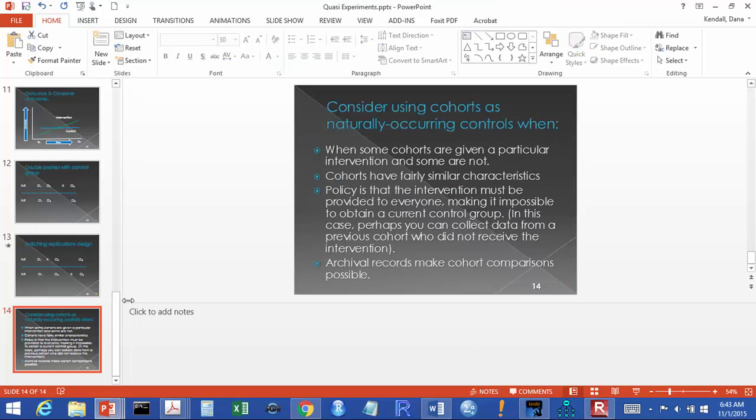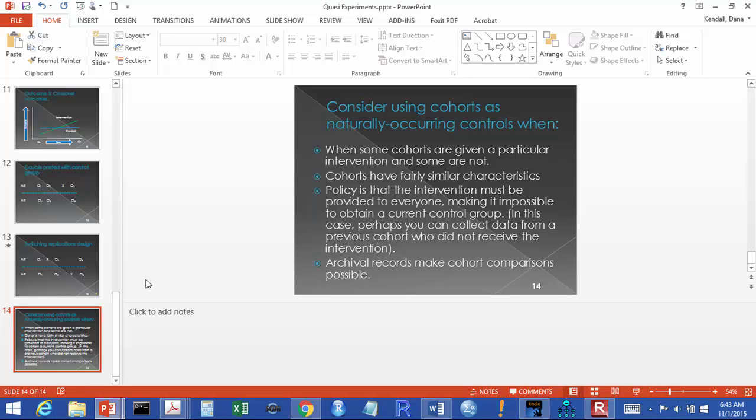All right. Last part here, when to consider naturally occurring controls, so cohorts. Cohorts are a particular group of people that go through experiences together, which you all are well familiar with, and they tend to be similar to one another because, again, they're exposed to the same things and they're doing the same activities typically, and so cohorts make naturally occurring, we call it, controls.